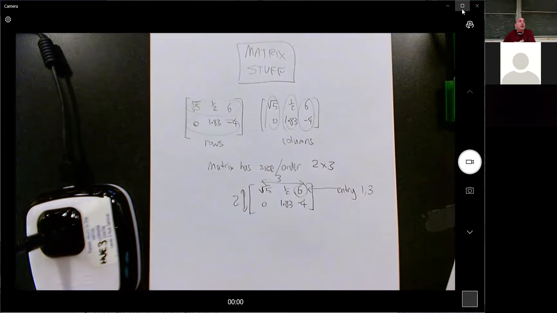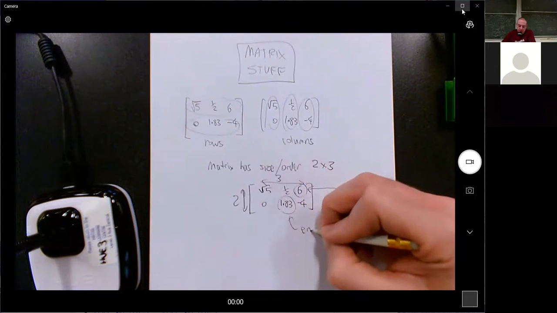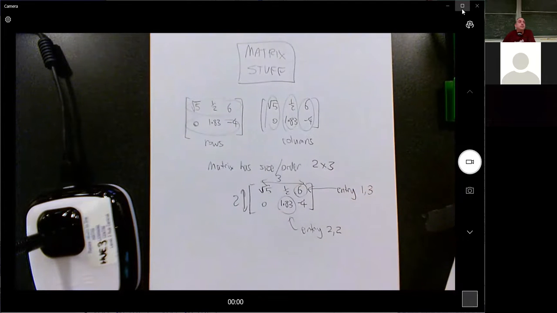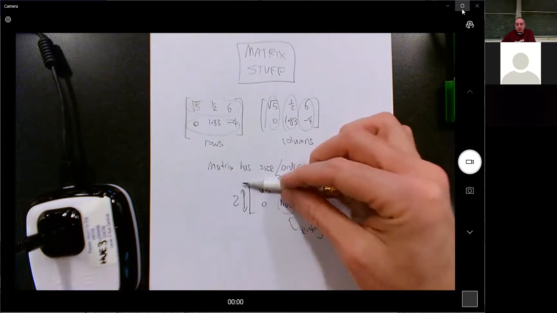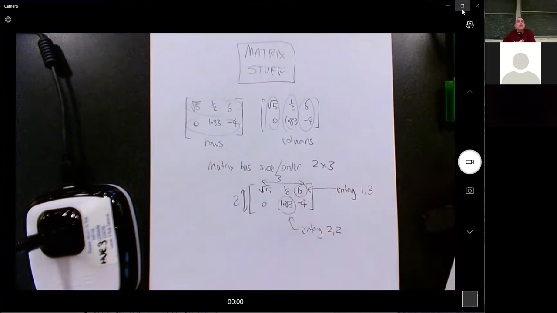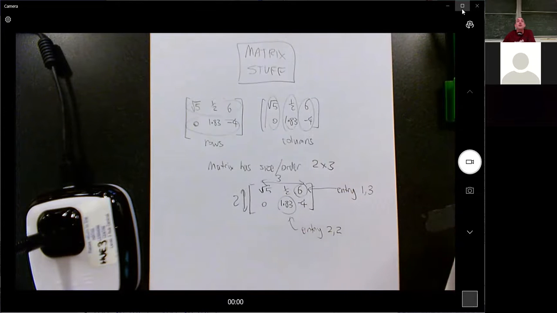So that's entry 1, 3. And this entry here is the entry in row 2, position 2. The rows are numbered from the top down and the columns are numbered from the left to the right. And you say which row you're in and then which position within the row. That's how you define where you are in a matrix.